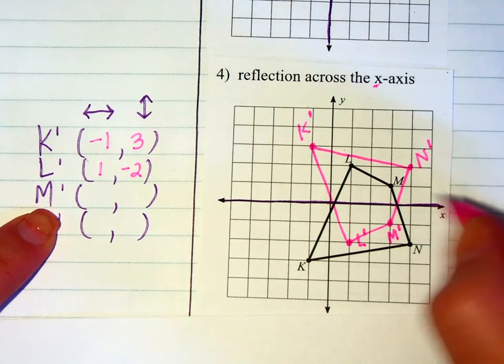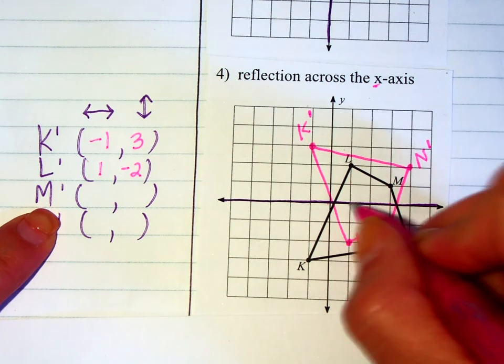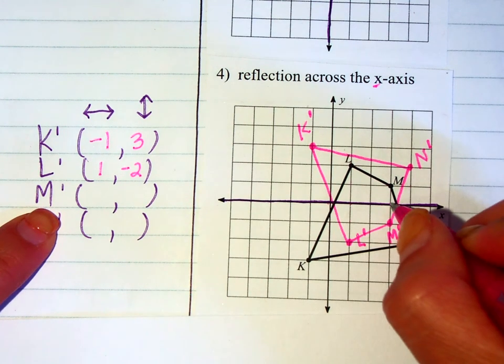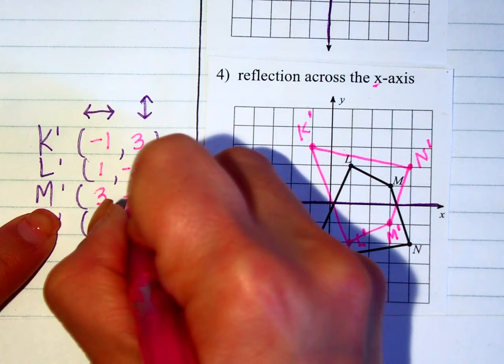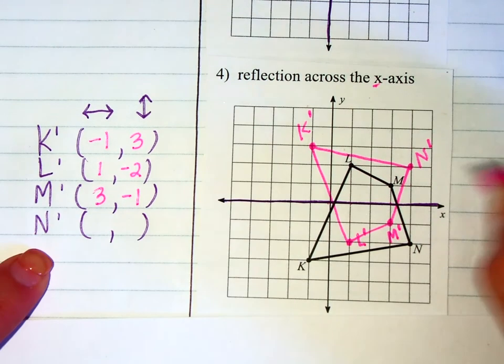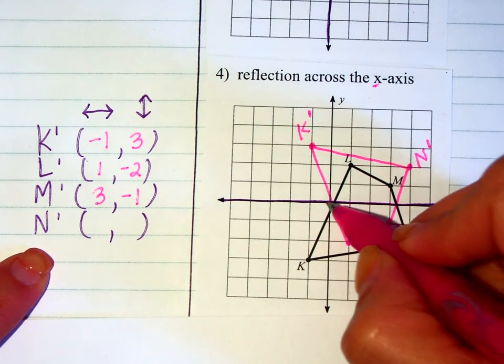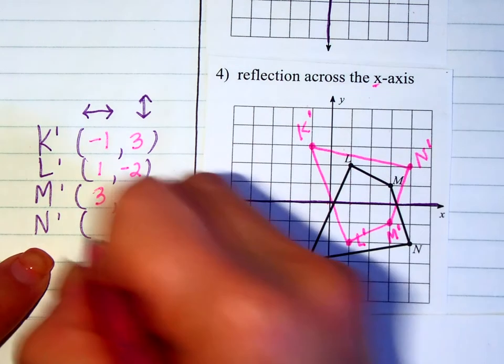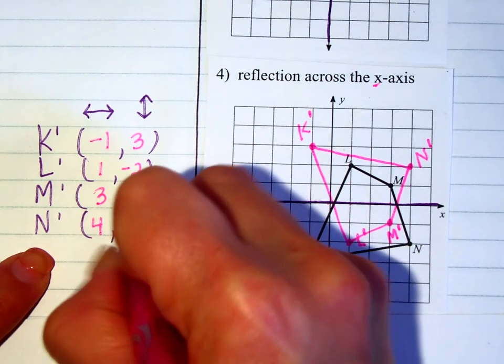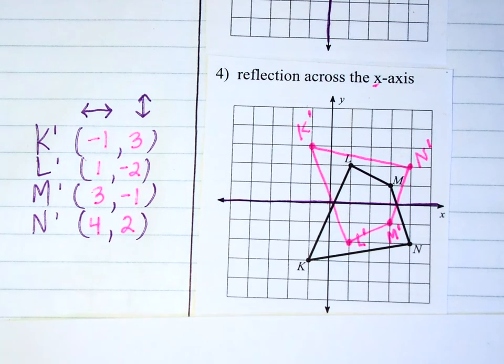M prime, from the origin, I'm going to go 1, 2, 3 to the right and 1 down. 3 to the right and 1 down. And for N prime, from the origin, 1, 2, 3, 4 to the right and 2 up. 4 to the right and 2 up. Okay? Right?